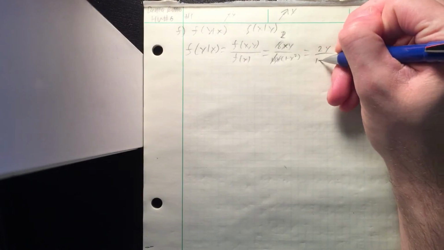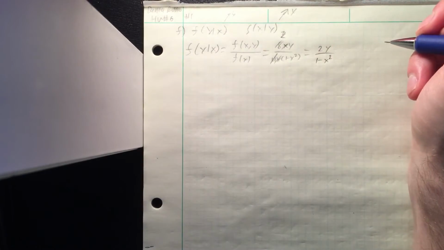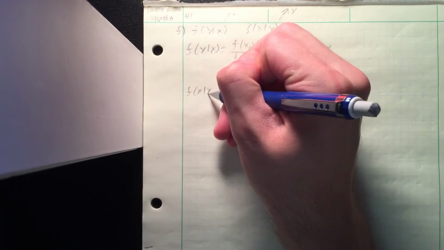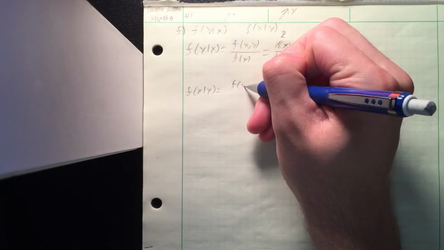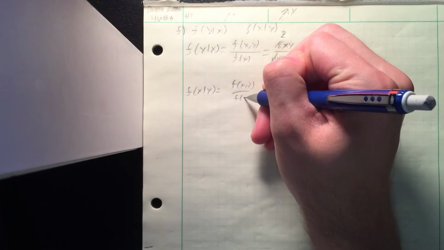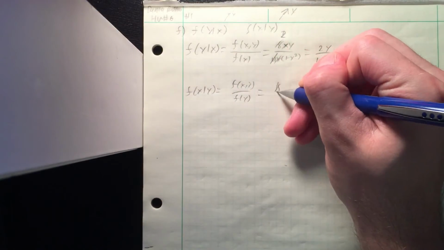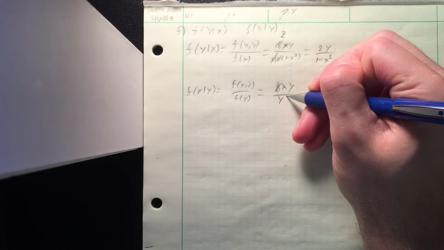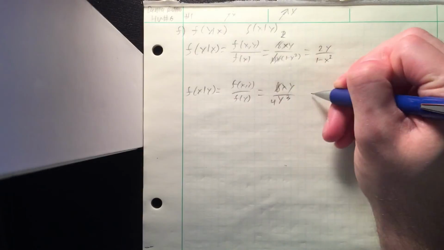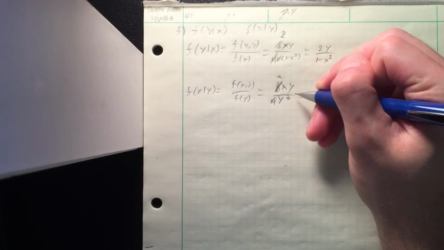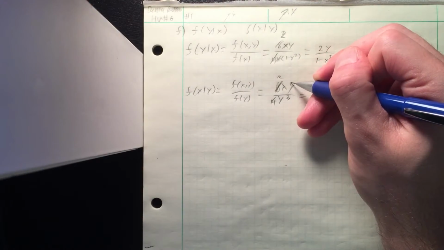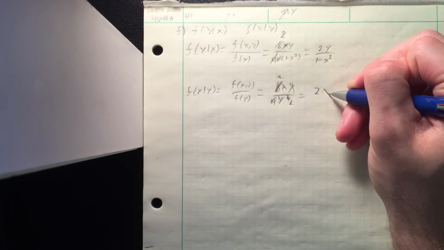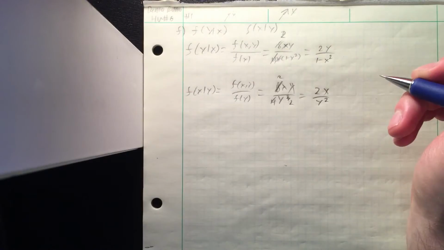So 2y over 1 minus x squared. And f of x given y, similar format, f x y over f y, 8xy divided by 4y cubed. So it's 2x over y squared.